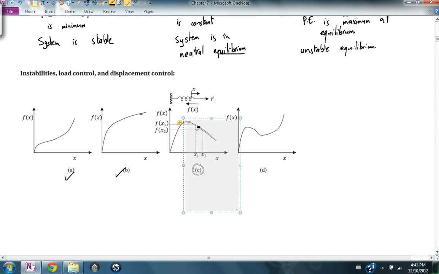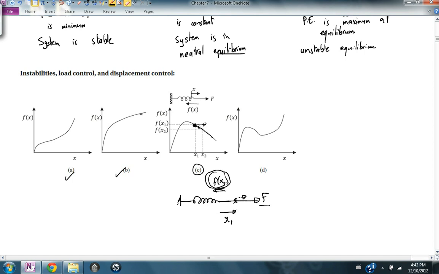If I reach equilibrium at a particular point, let's say at x1, where the external force F is equal to F of x1, and if for whatever reason this point slightly moves to the right, then F of x1 will decrease.